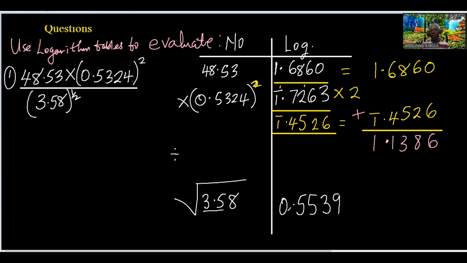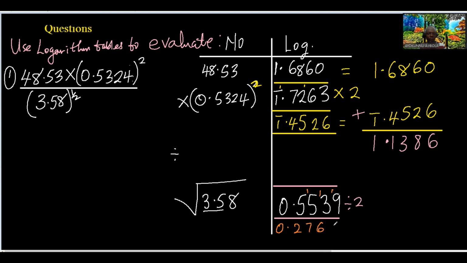Now remains the denominator. For this root that we want to do, we're going to divide this by 2. So again, you can barricade this place and write the answer of the division at the bottom. Being that we're dividing, we start from the front. 2 cannot go in 0, we put 0. 2 in 5 is 2, remainder 1. 2 in 15 is 7, remainder 1. 2 in 13 is 6, remainder 1.